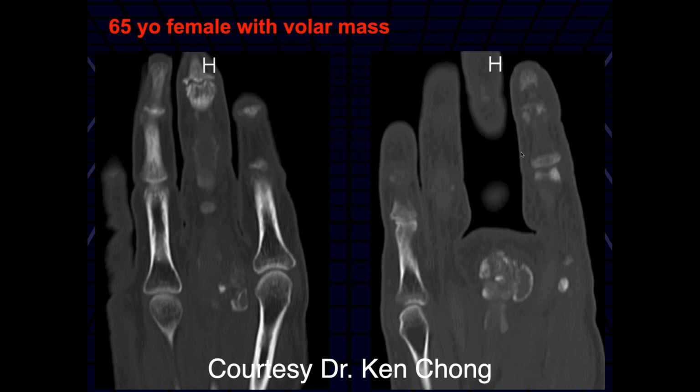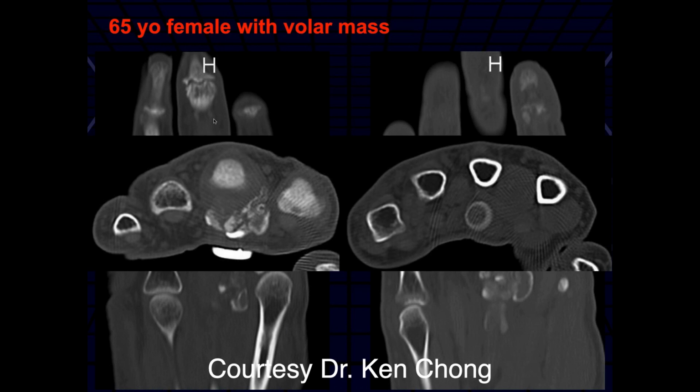65-year-old female with a volar mass. I'm seeing osseous irregularity there at the base of the third digit. It doesn't look like it's part of the joint. Yeah, still, there's some osseous irregularity there. It could be part of the tendon.